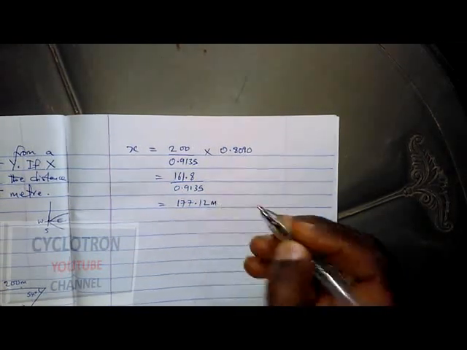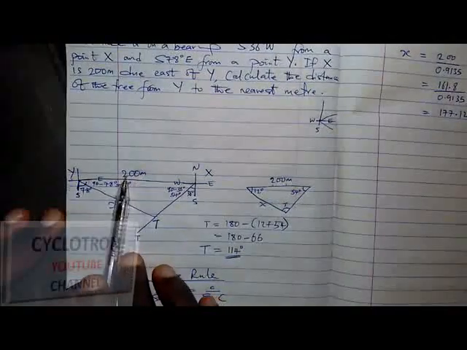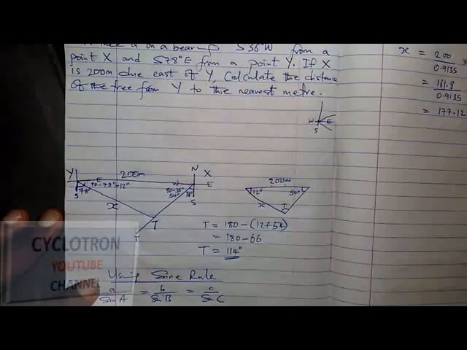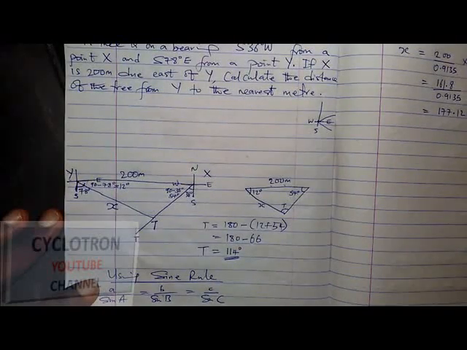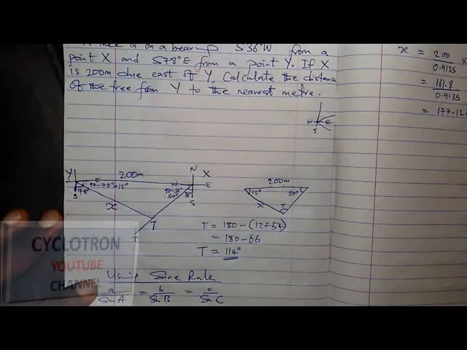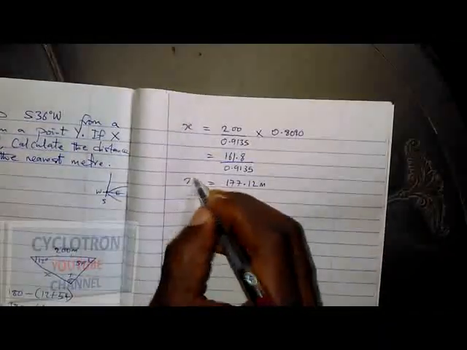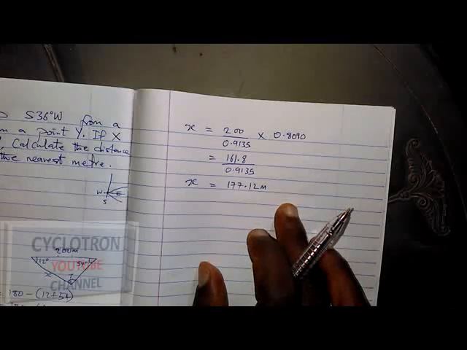177.12 meters. Because remember, the 200 we used was in meters. The degrees up and degrees down cancel out. Meter has nothing to cancel it. So that's why it's this way. The answer, the side X, is this.